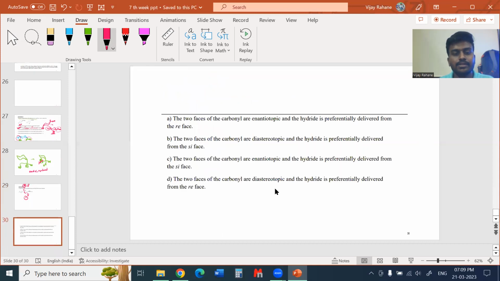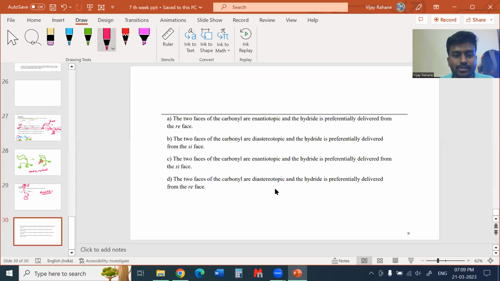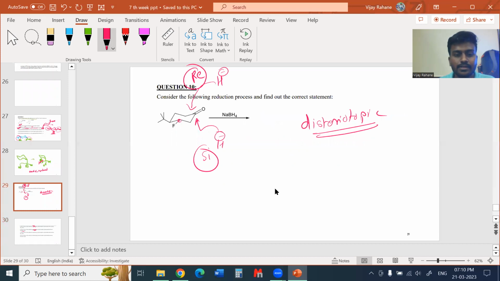The options given: the two faces of the carbonyl are enantiotopic. See, here one chiral center is already present, right? So now these faces should be diastereotopic. The option says the two faces of the carbonyl are enantiotopic. This is wrong. The two faces are diastereotopic. And the hydride is preferably delivered from the si face.